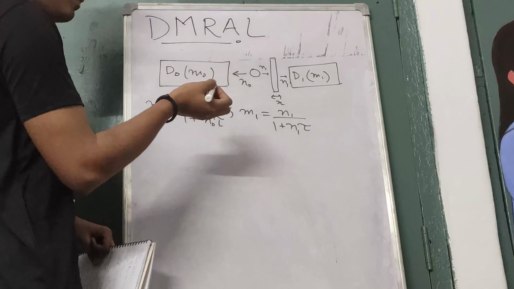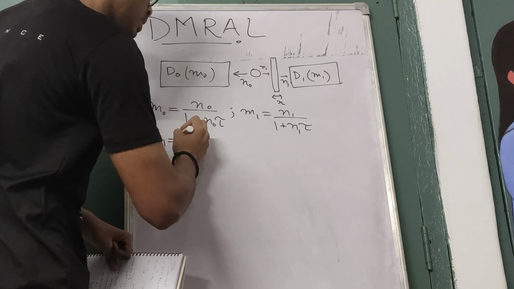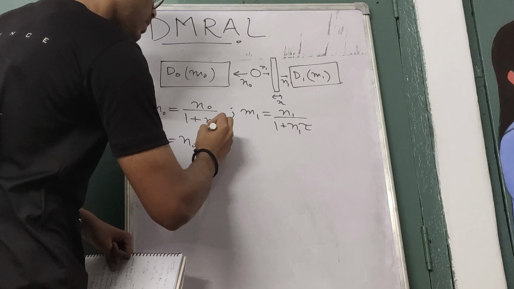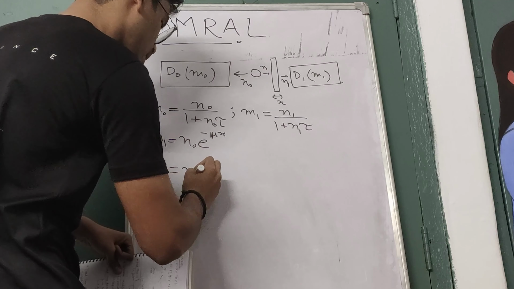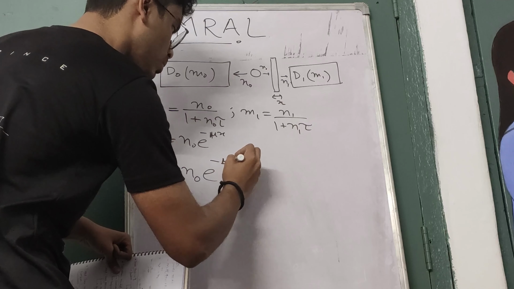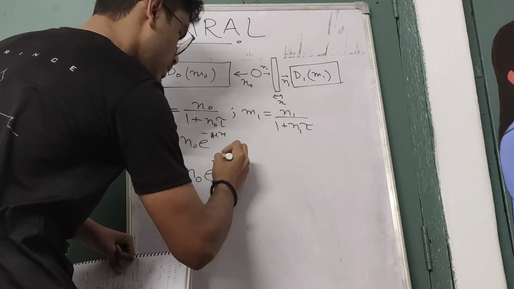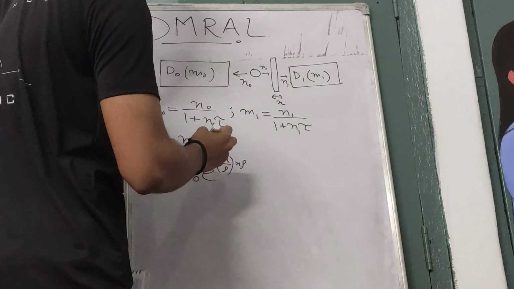And we know from the attenuation law that N1 is equal to N0 e^(-mu x), which can be rewritten as N0 e^(-(mu/rho) x rho), where this mu/rho is the mass attenuation constant.